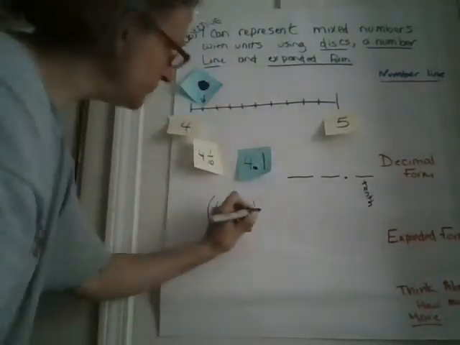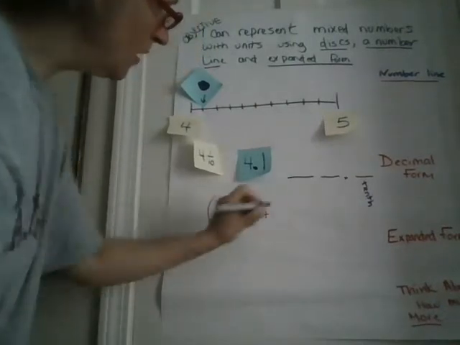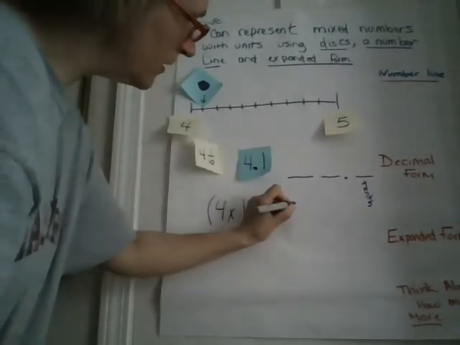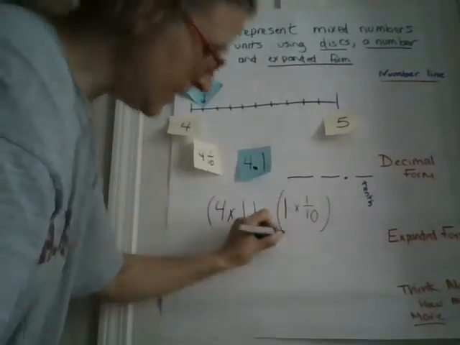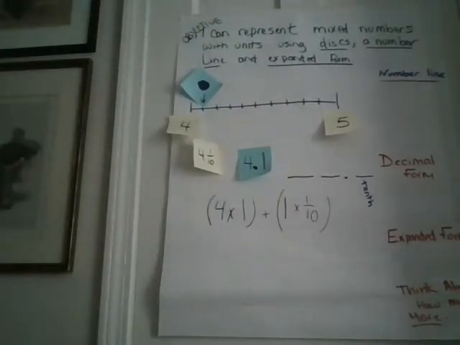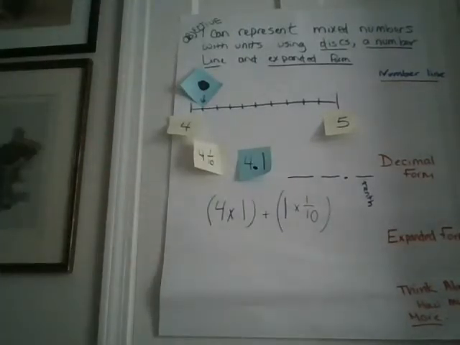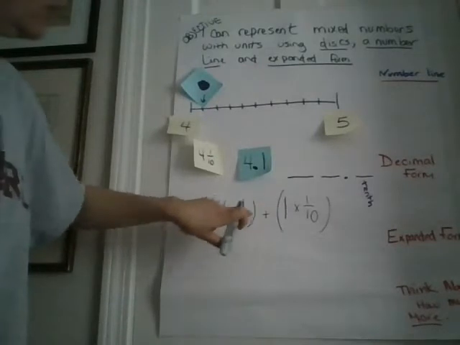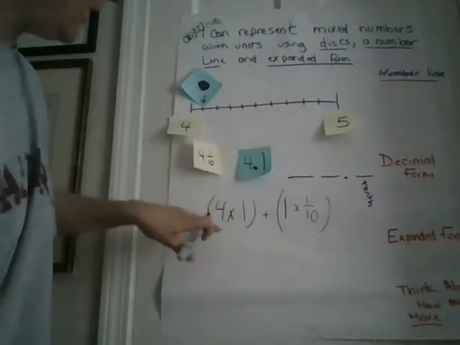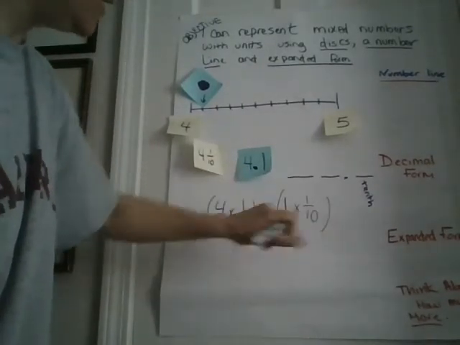And 1 group of 1/10. And right there, that shows me that I've got 4 groups of 1 and 1 group of 1/10.